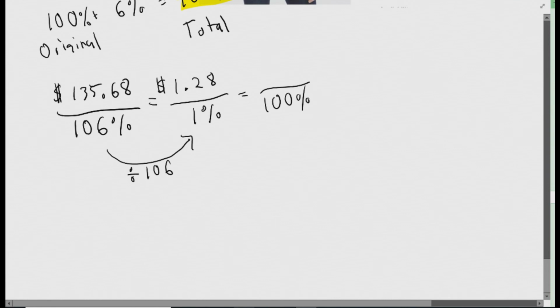How do we go from 1% to 100%? Exactly the same thing as the last step, but this time we're going to be multiplying by 100. Following the same step over here, multiplying this by 100 is the same thing as moving the decimal place 2 times over. We now know that the original cost is $128.